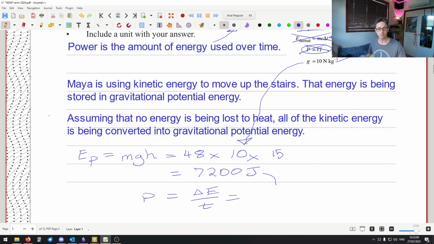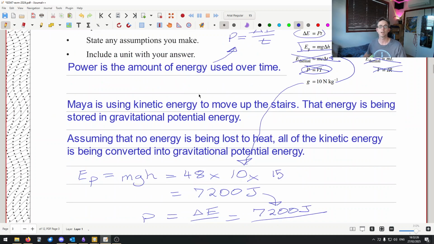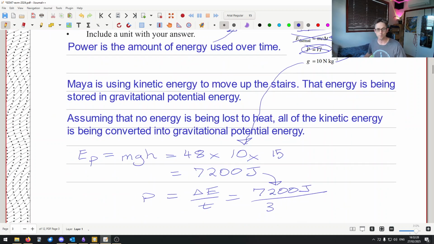Change in energy we just worked out was 7,200 joules. That's how many joules of kinetic energy is being converted into gravitational potential energy, assuming we're not losing anything to heat, which there would be in reality, but this is a good estimation. And she takes 34.2 seconds to get up the stairs.